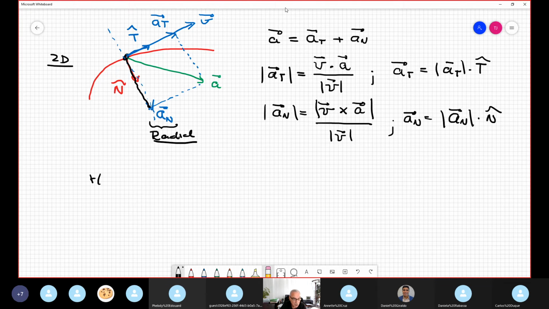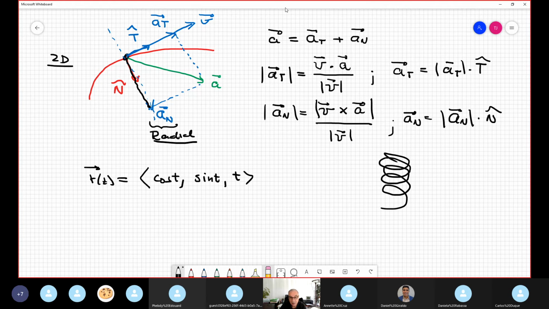Suppose circular motion, not exactly circular motion. Suppose it's given the vector valued function that represents the position vector, cosine t, sine t, and t. And remember, this curve looks like a helix. I encourage you to go to GeoGebra and put this vector valued function.